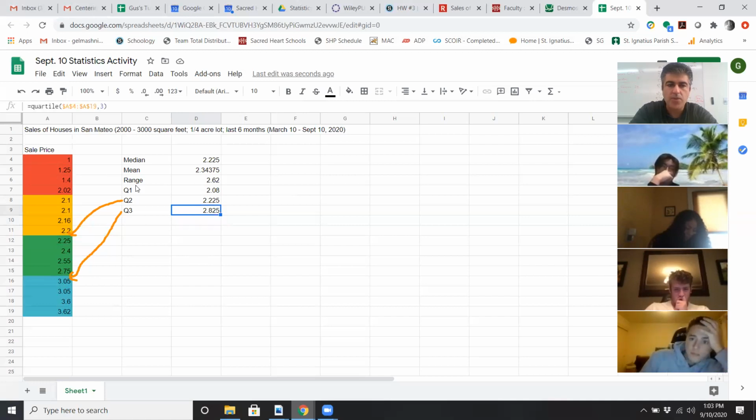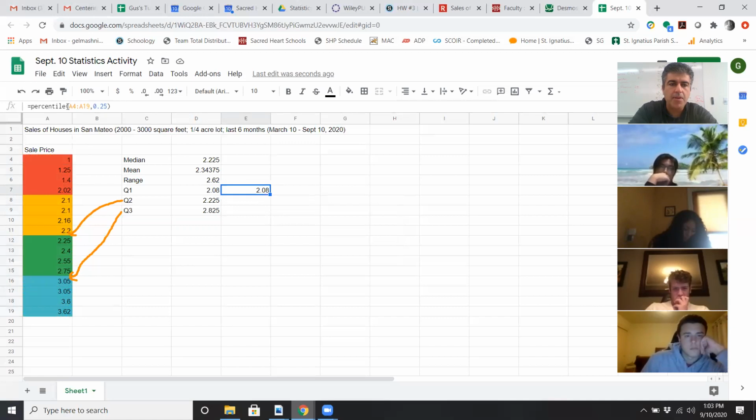So the first quartile is 25%, this and this. You could also do percentiles. If I highlight the data again here, I want the 25th percentile. Sorry, I should put 0.25. Get the same thing.